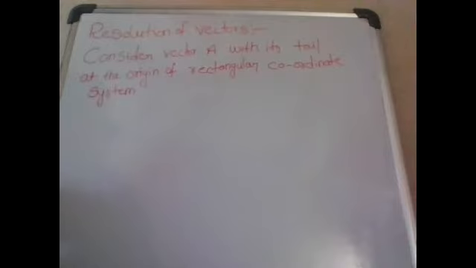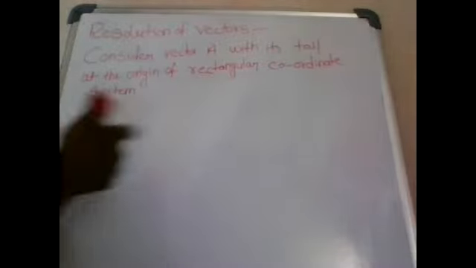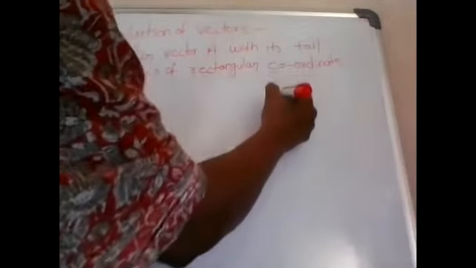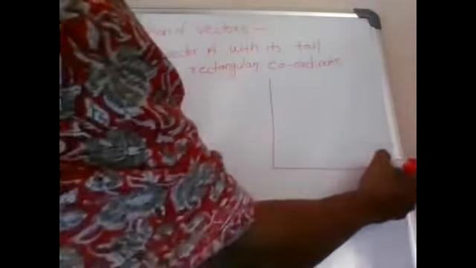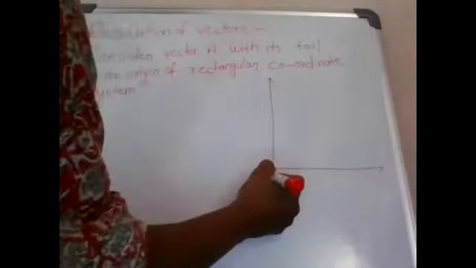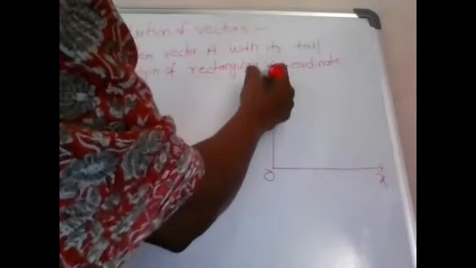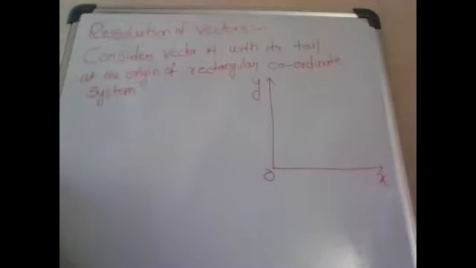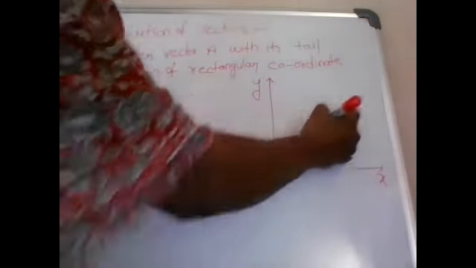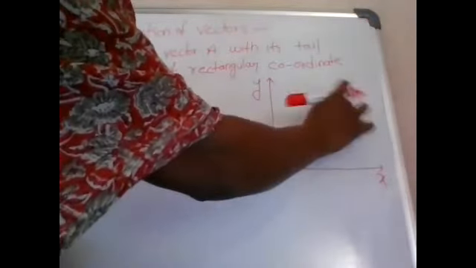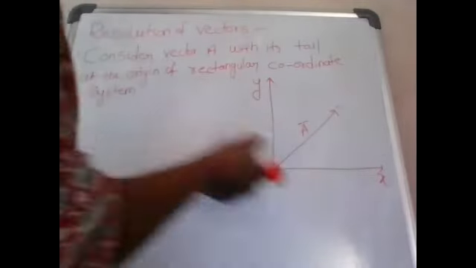Here vector A is resolved into two components, that means in x direction and in y direction. This is the origin, this is the x direction, this is the y direction. This is vector A from the origin.